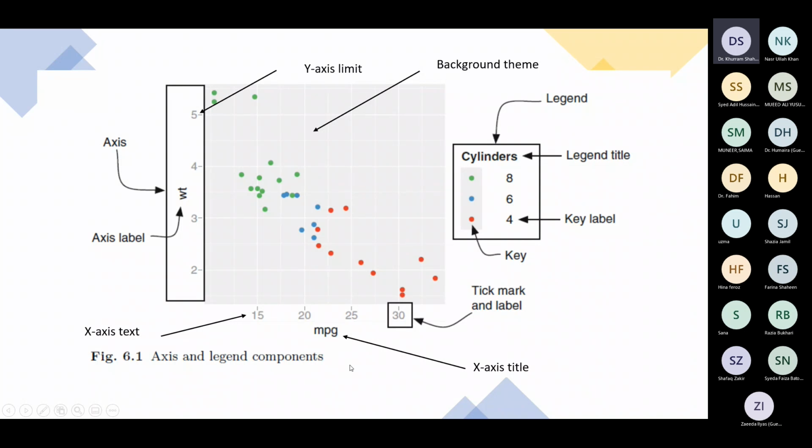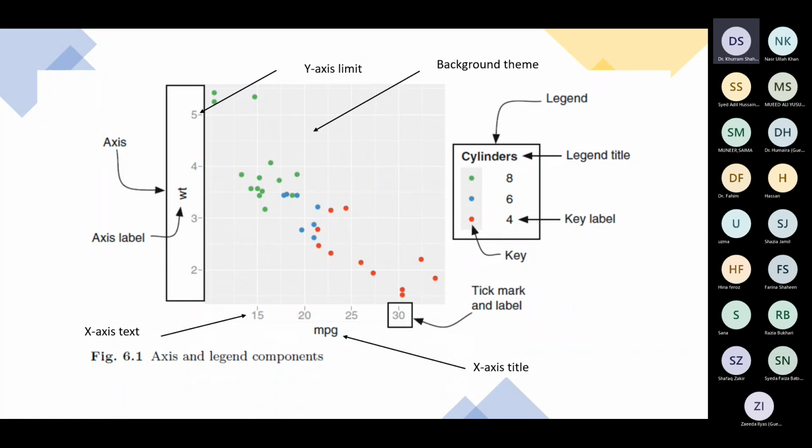Then your x-axis titles and x-axis text size, you are seeing 15, 20, 25, 30. And the tick size, what tick size you want on your graphic. Like that, y-axis title, y-axis text size, and the background of the theme, what color of background you want in your graphic.